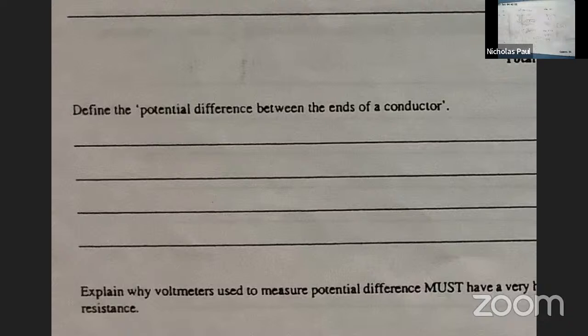The difference in? Right, so what you could say is that potential... Anybody online have anything? What do you think could be a good definition of potential difference between the ends of a conductor? Anybody online? I know you're typing.